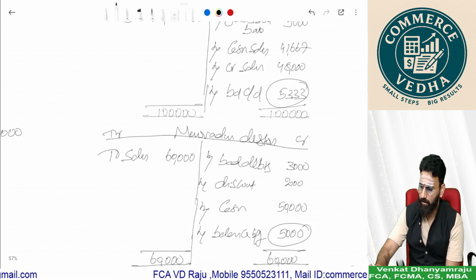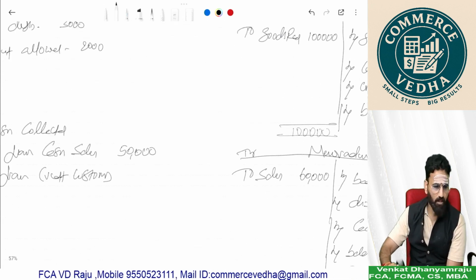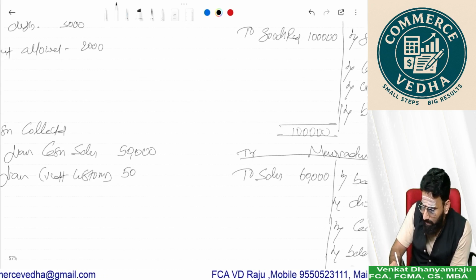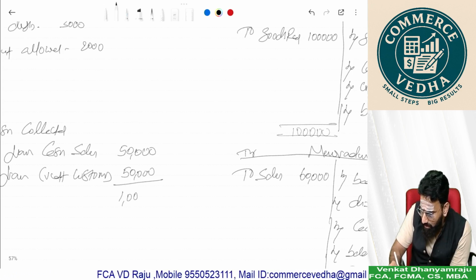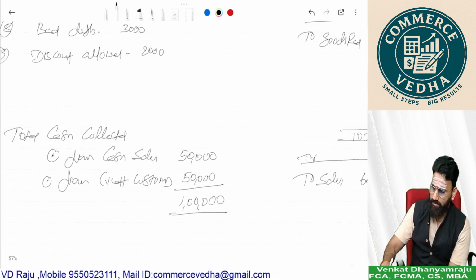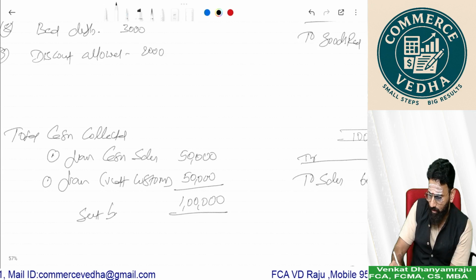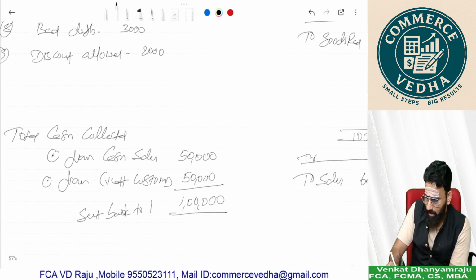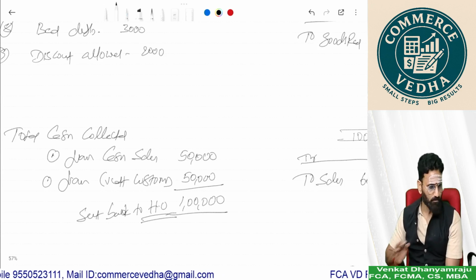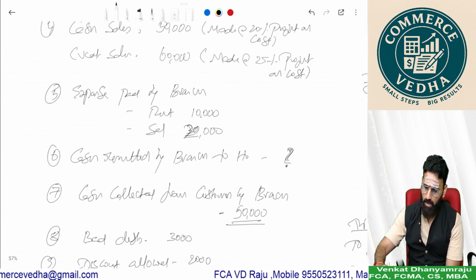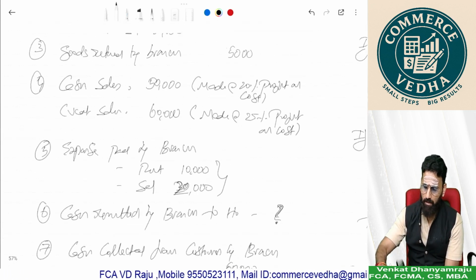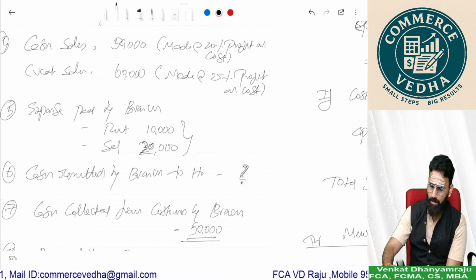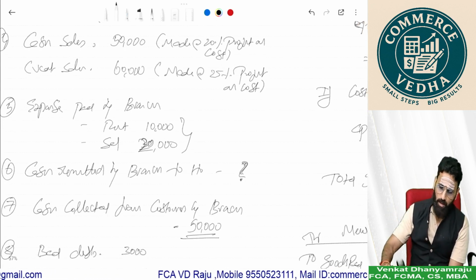You collected 50. Cash customers also 50. Credit customers 60 sales, but collection is only 50. So total cash collected is 1 lakh and sent back. Nothing you left because no cash balance is given closing. So sent back to HO. Right. Because for expenses, HO paid you 30,000 and same expenses you incurred. HO gave you 30,000 and you paid 30,000. So there is no extra cash you require.